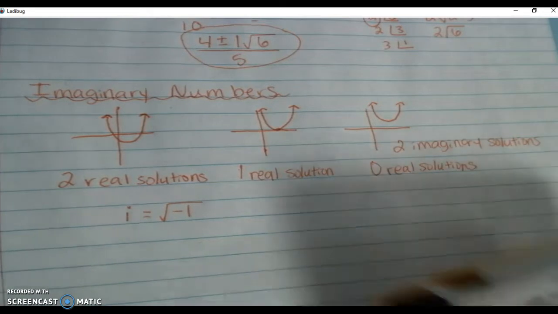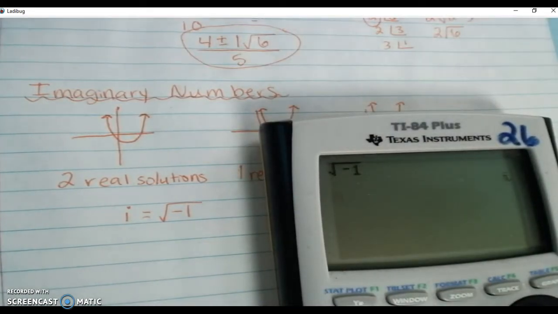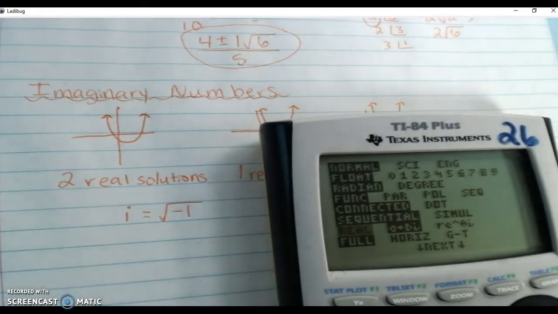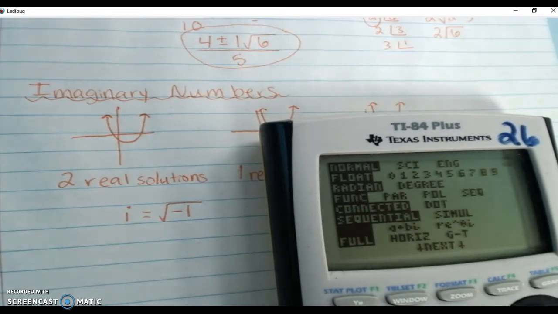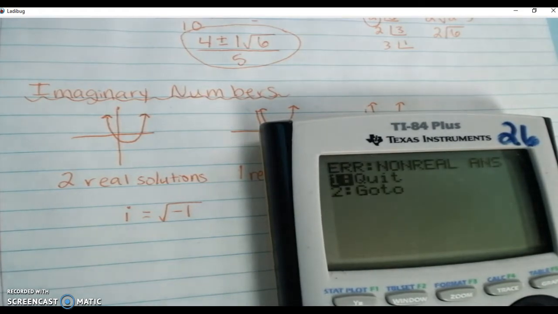If you type in the square root of -1 in your calculator, it says non-real answer. Okay, and that's because it's not real, it's imaginary.